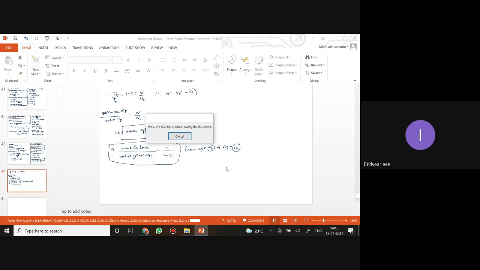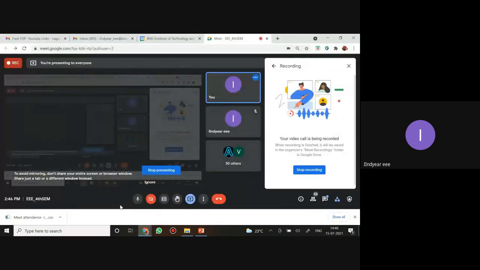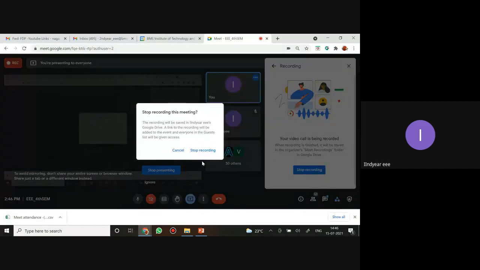Tomorrow is the second hour. You have to go through the phasor diagram of transformer under load condition, and more importantly under inductive load condition, when the load is inductive in nature. It is your responsibility.